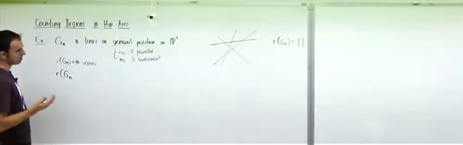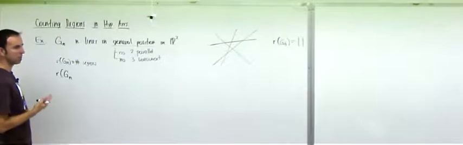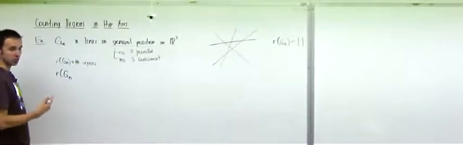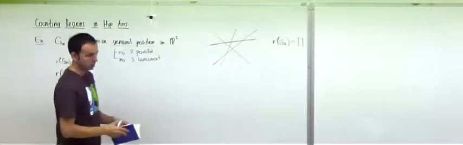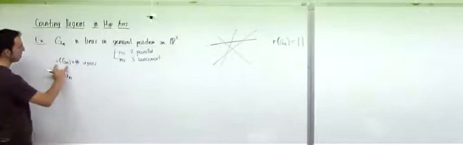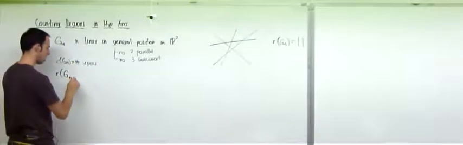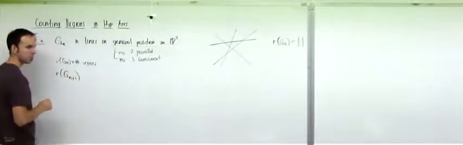Well, there's different ways that you could try to do this, but what I'm going to do is try to figure out what this number is recursively. Suppose that I already know what R of Gn is. So I know how many regions are created by n lines, and now let's figure it out for R of Gn plus 1.